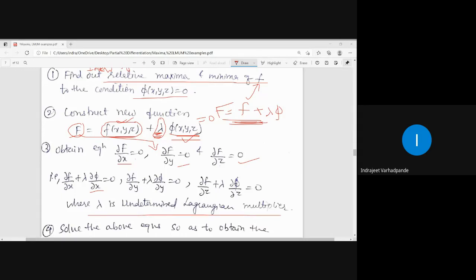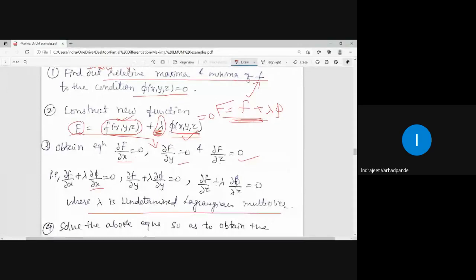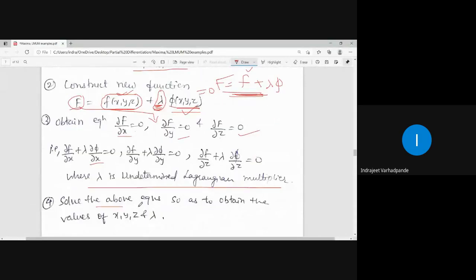Any difficulty up to now? Solve the above equations so as to obtain the values of x, y, z and lambda. Here at the end, I will be calculating all the values.